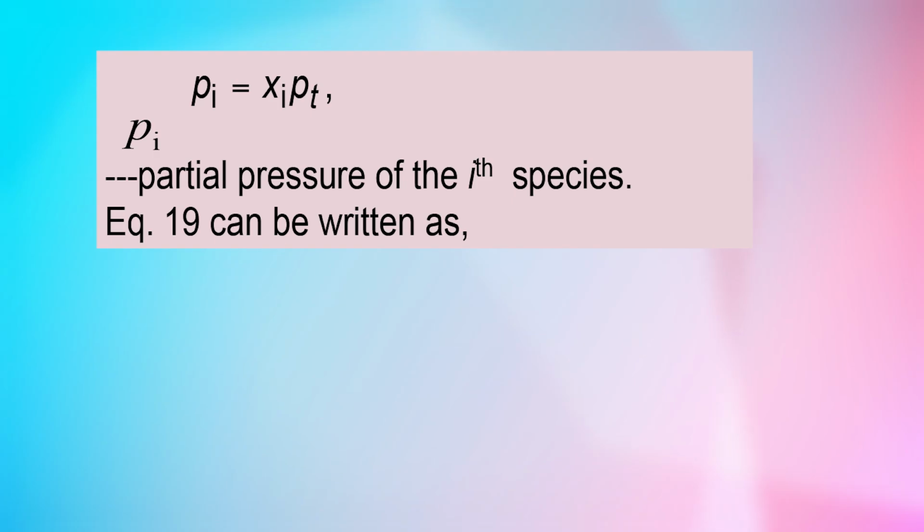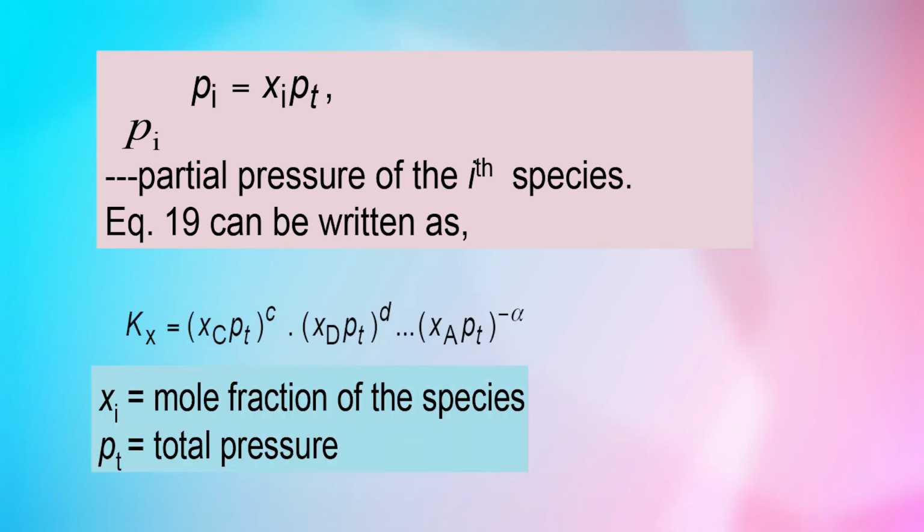So, Pi is the partial pressure of the ith species, and equation 19 we can rewrite like this, where we had given the Kx, this one we can now write in terms of partial pressure.